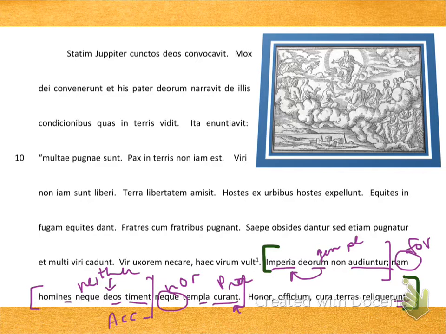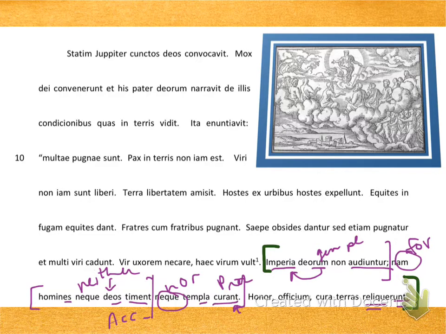Also pay attention to the spelling of the base that the NT is added to. R-E-L-I-Q. If you look at your vocabulary list, there is no verb that begins R-E-L-I-Q.